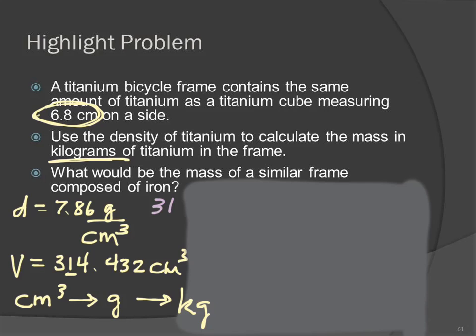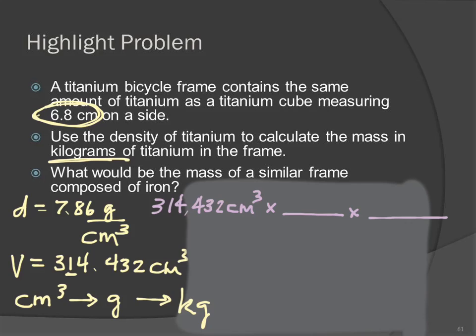So 314.432 cubic centimeters. We have two arrows in our path, so we have two fractions in our equation. The path says cubic centimeters to grams to kilograms.